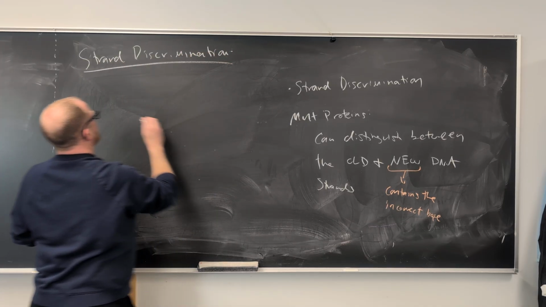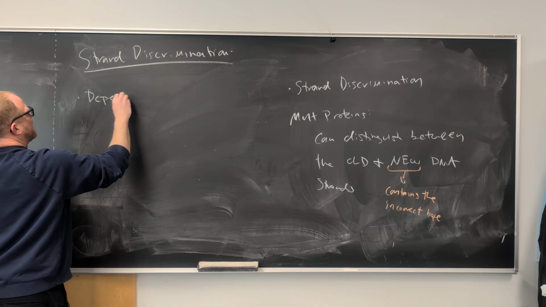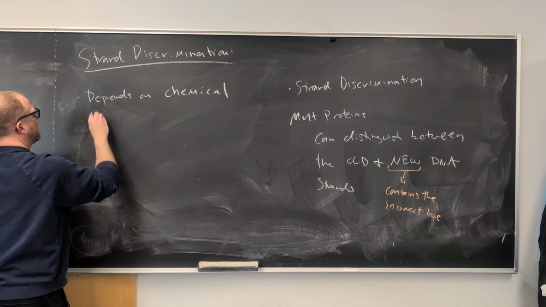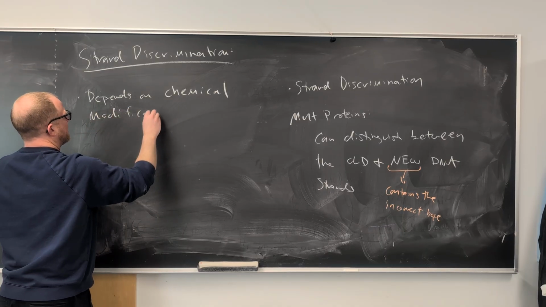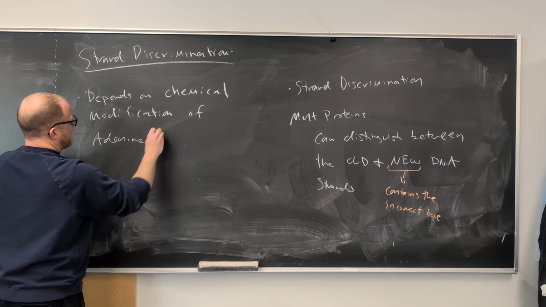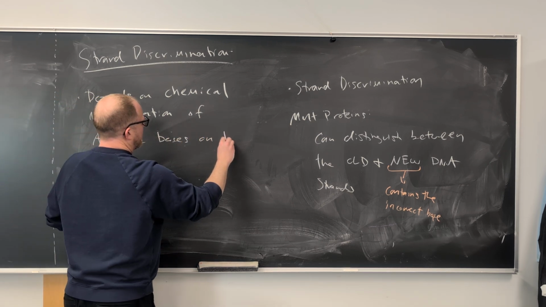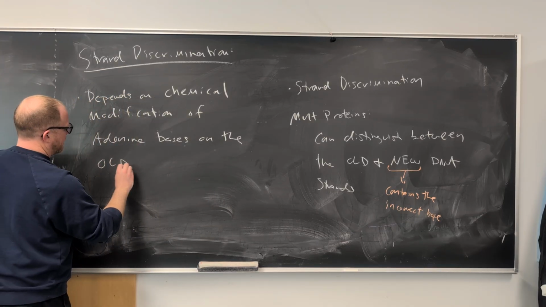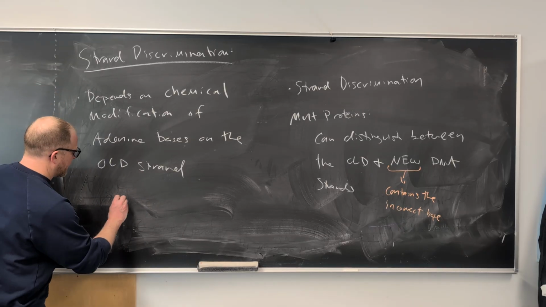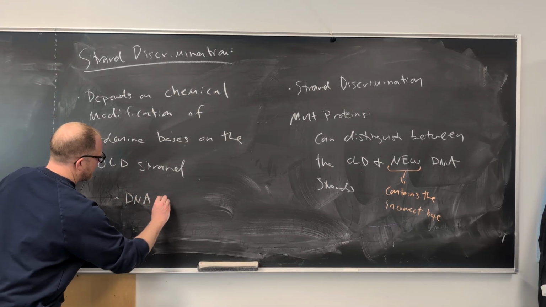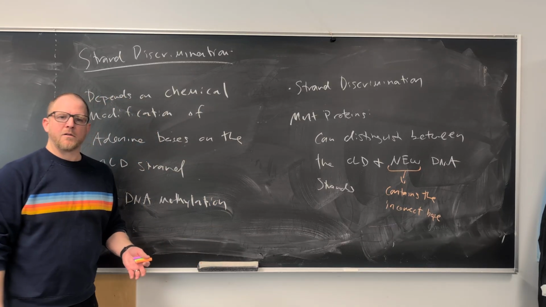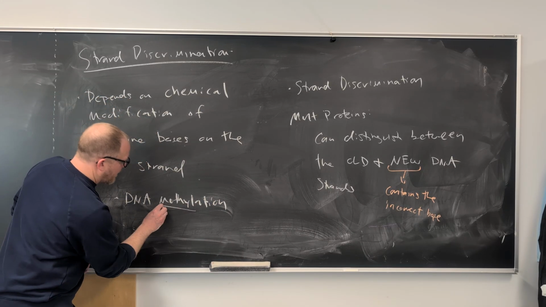Strand discrimination depends on chemical modification of adenine bases on the old strand. And the modification that we're going to talk about here is what's known as DNA methylation, or the addition of a methyl group.